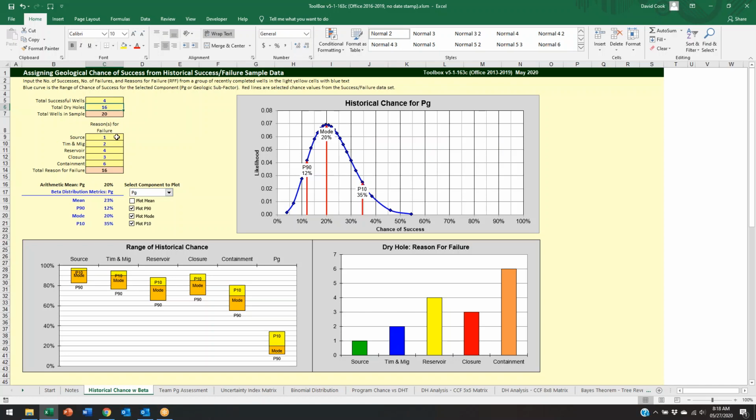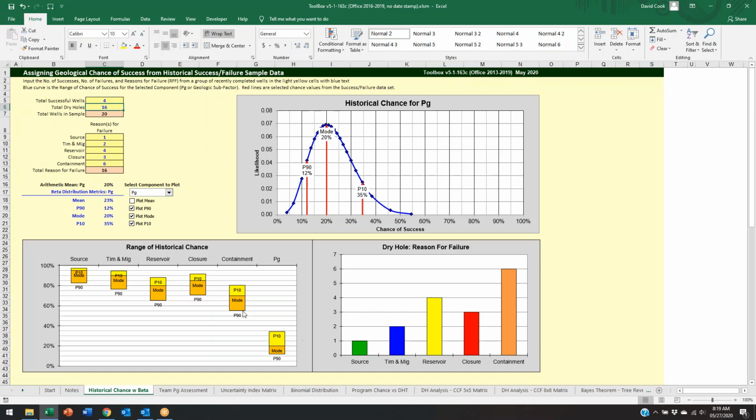For example, there was one that was attributed to source, 2 failures for migration, etc., going on down, then you can take a look at what is the range, the predicted PG associated with each of those components.